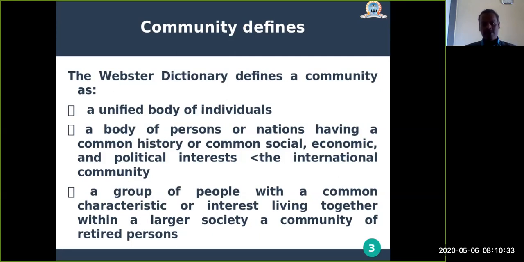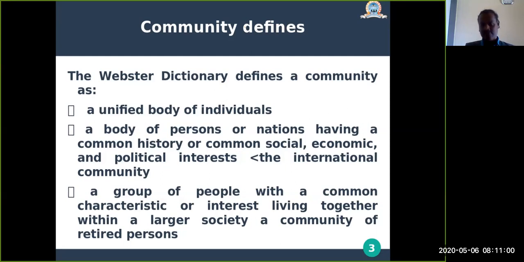A group of people with common characteristics or interest living together within a larger society, for example, a community of retired persons. A group of people with common characteristics or interest living together is considered a community within a major community or larger society.